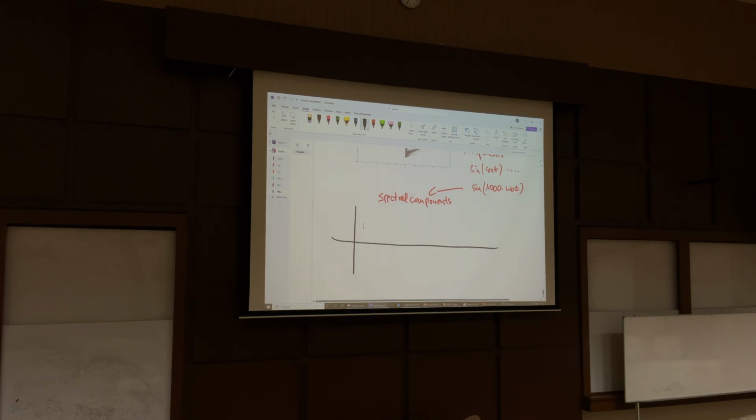We have here a signal, and we have here another signal, here a signal, there a signal, and that goes along with omega is k times omega 0. And this is k is 1, k is 2, k is 3, and so on.